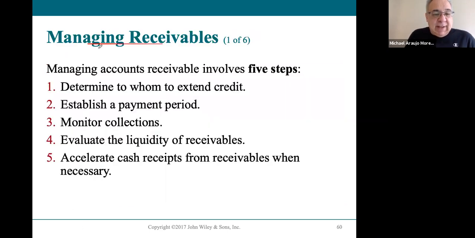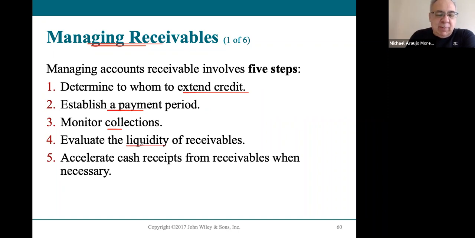Managing receivables is a tough job because you've basically extended credit to people who are buying from you. Again, mostly these are businesses, and so you've got to make sure you are giving credit to the right businesses that they can actually handle that and pay you on time. You have to establish a payment period, make sure you're collecting things on time.